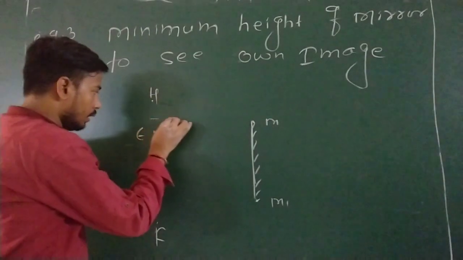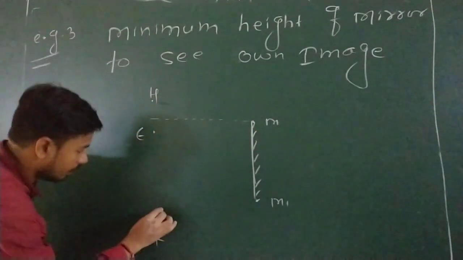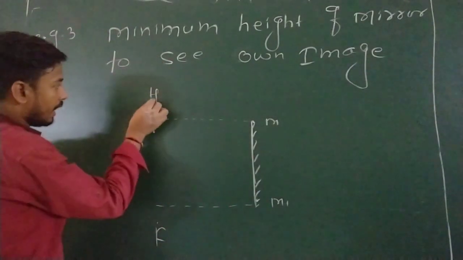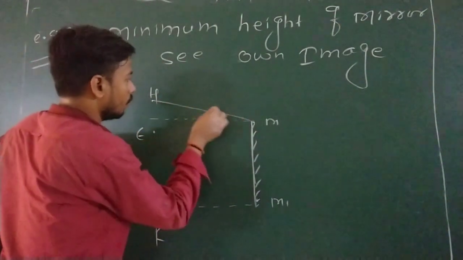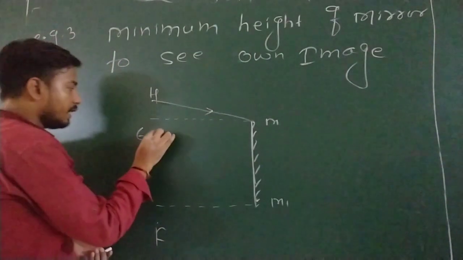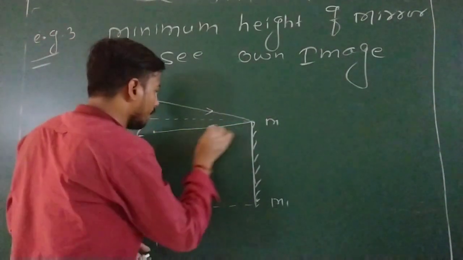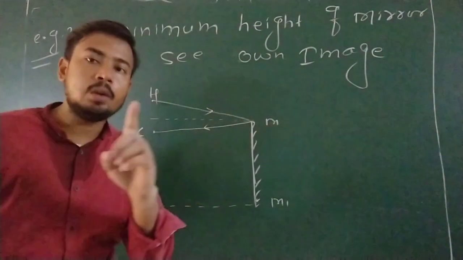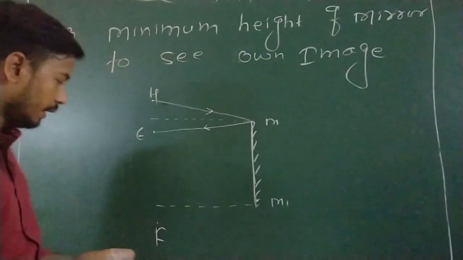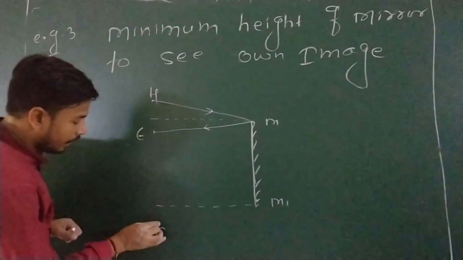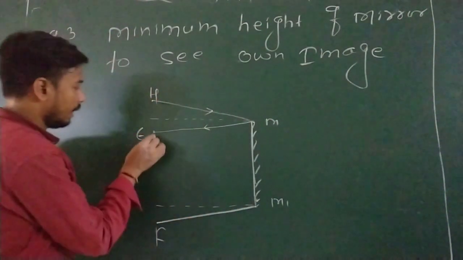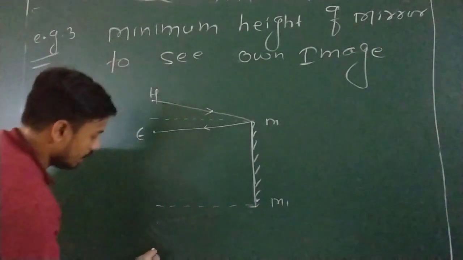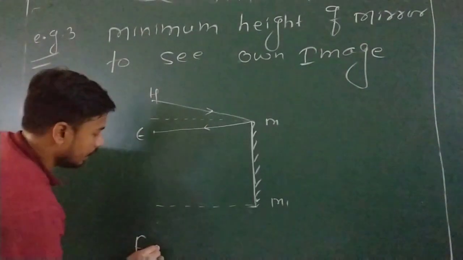So see, I am taking one normal here also. This light will come like this, and after reflection this light must reach our eye. So this ray will ensure that you are able to see your head. Suppose this is the foot.